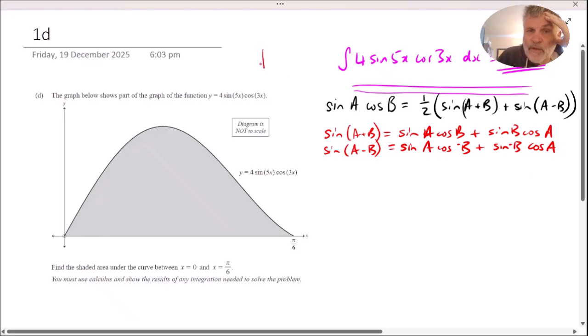Cosine curve goes like this, recall, and it's got the same shape going backwards. So if you have the negative angle, it's got the same cosine as the positive angle. So we can write that as sine A cos B. Just get rid of that minus sign.